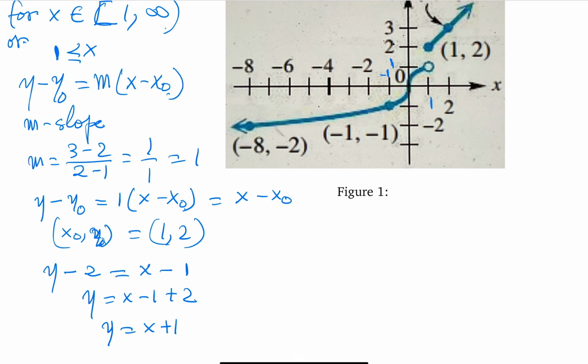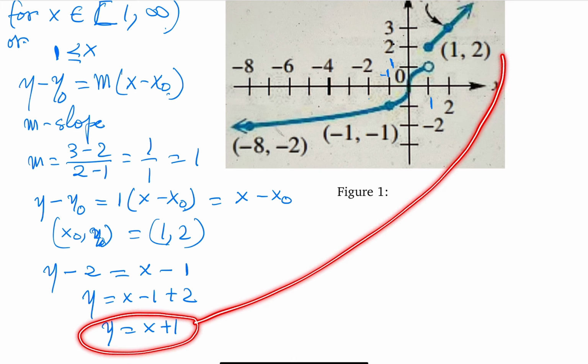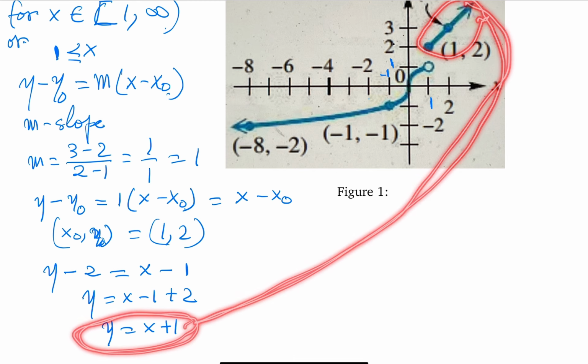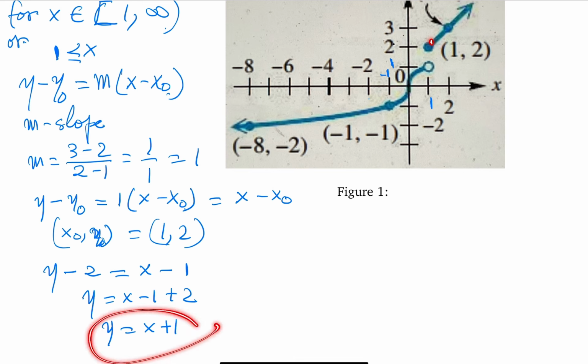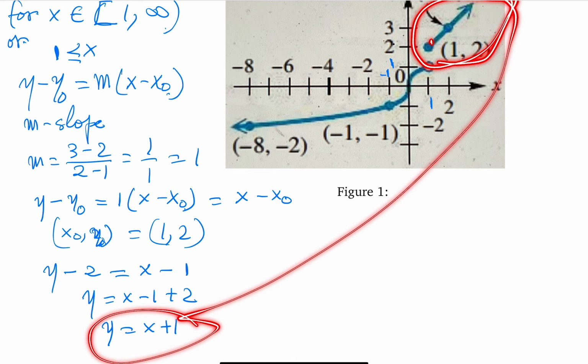The equation we found is the equation of the graph. That equation is the equation for that graph. But if you check that graph, it starts from 1 to infinity. Why infinity? Because you have an arrow here.